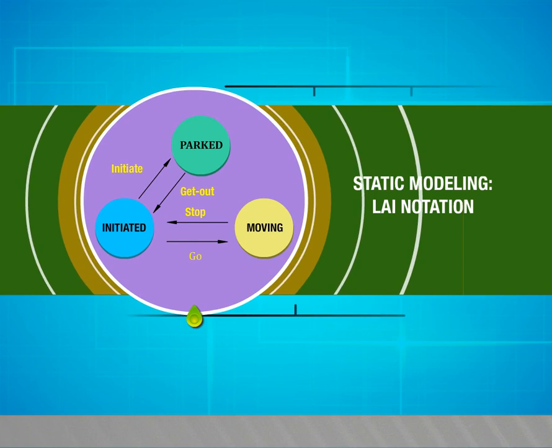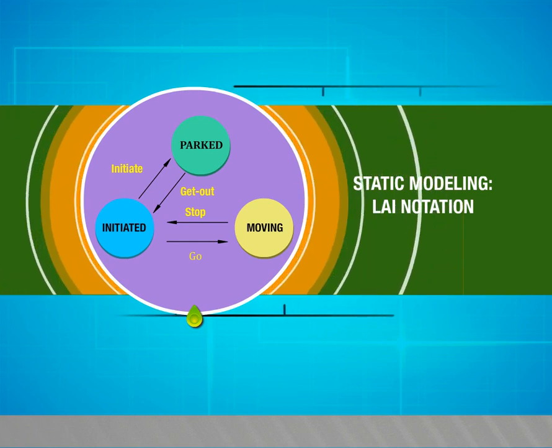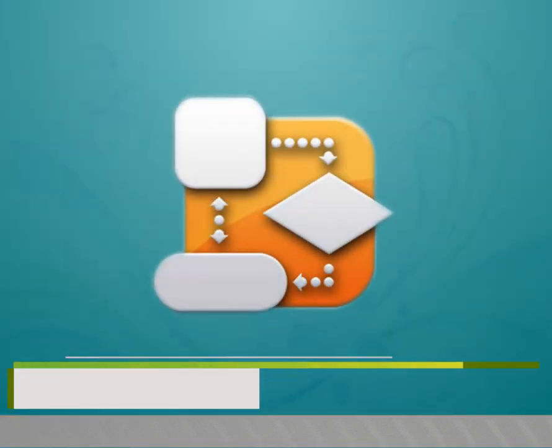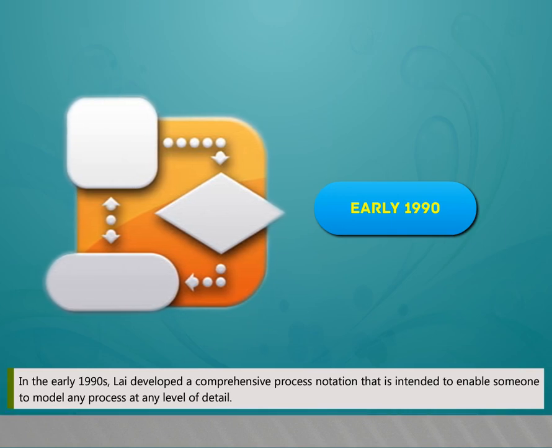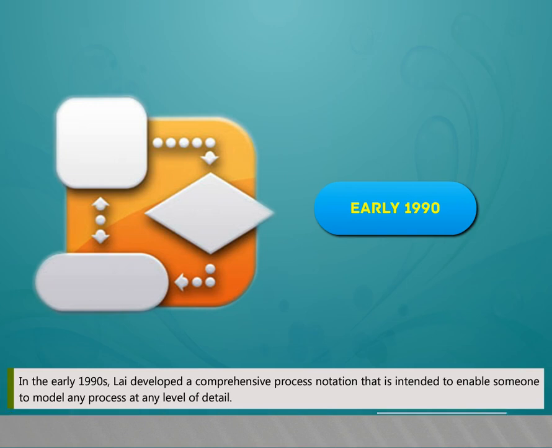Static modeling, Lai notation. In this video, we are going to see about static modeling, Lai notation. In the early 1990s, Lai developed a comprehensive process notation that is intended to enable someone to model any process at any level of detail.